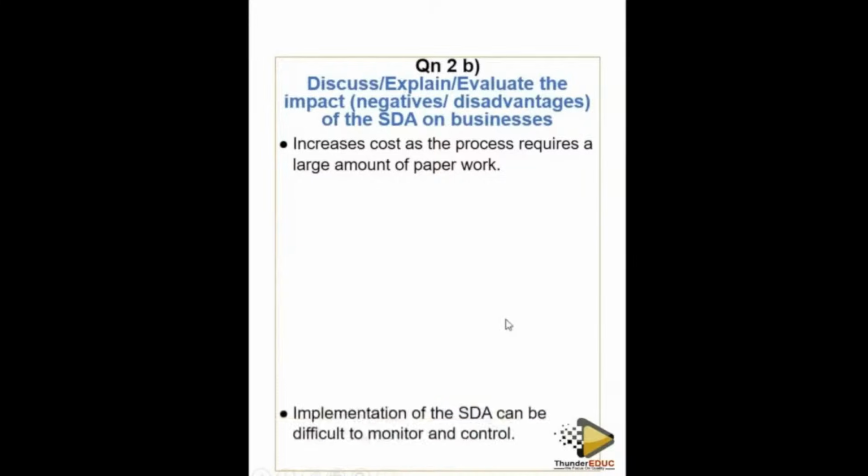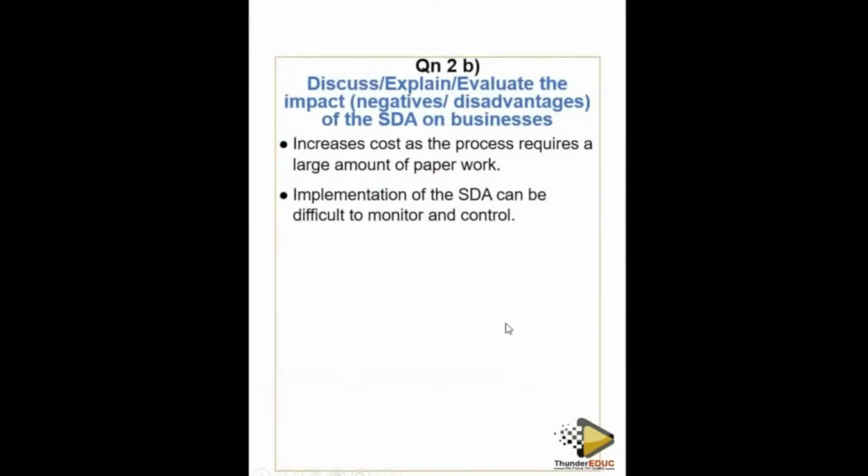So moving on to the next aspect, we are seeing that the implementation of the Skill Development Act can be difficult to monitor and control. Why are we saying that? Some of the businesses can qualify to issue out this Skill Development Act, and they can be given money to finance such training.